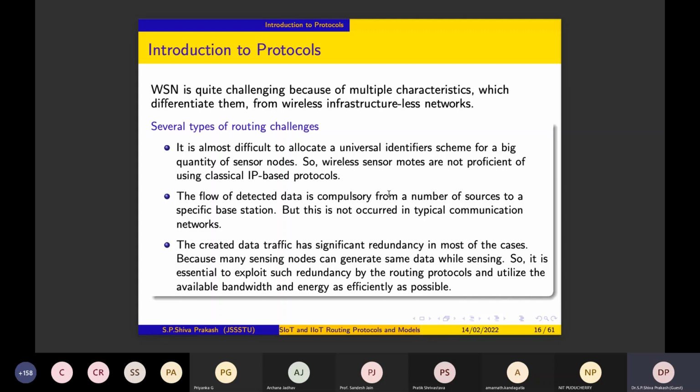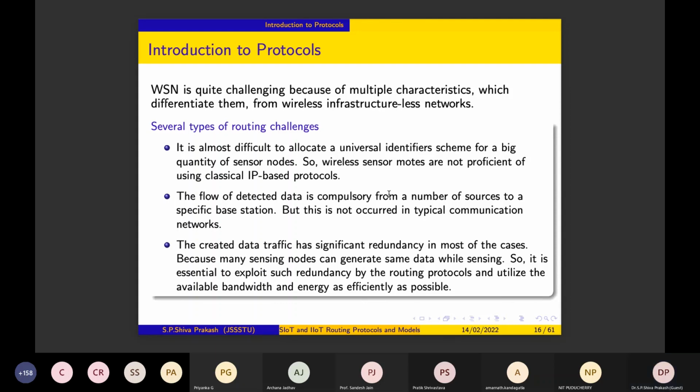When we talk about routing protocol, it is between the devices. That's the reason we use wireless sensor networks in this, especially when it comes to the physical connection between the devices. It is quite challenging because there are multiple characteristics which differentiate them from infrastructure to infrastructure-less networks.